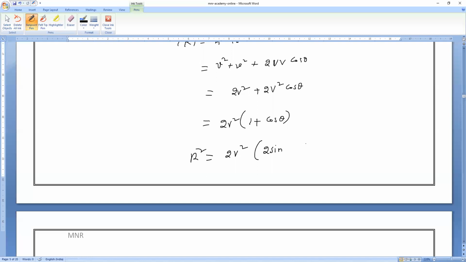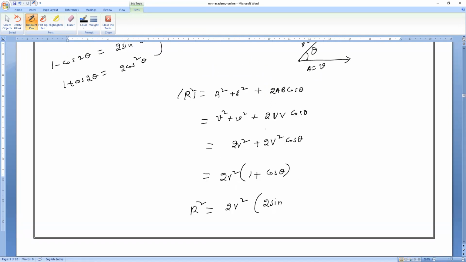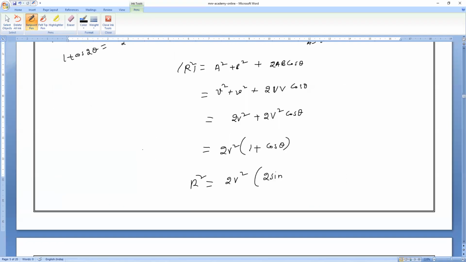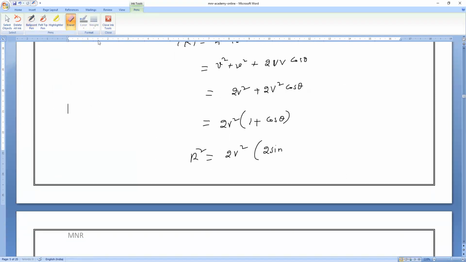That is what you have to remember. Now 1 plus cos theta is equal to 2 cos square theta by 2.